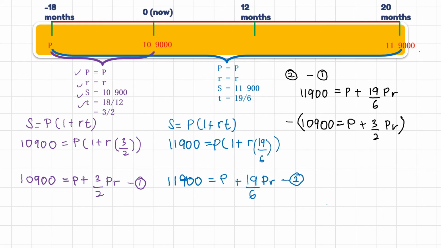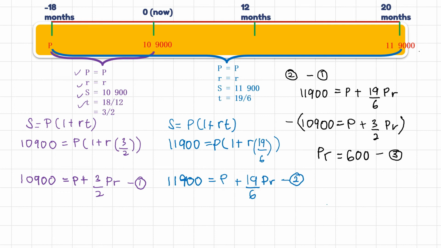Simplify the equation and you will get PR equals 600. This will be our third equation. For this example, there are a few techniques that we are going to use, so I hope you really pay attention to these techniques.